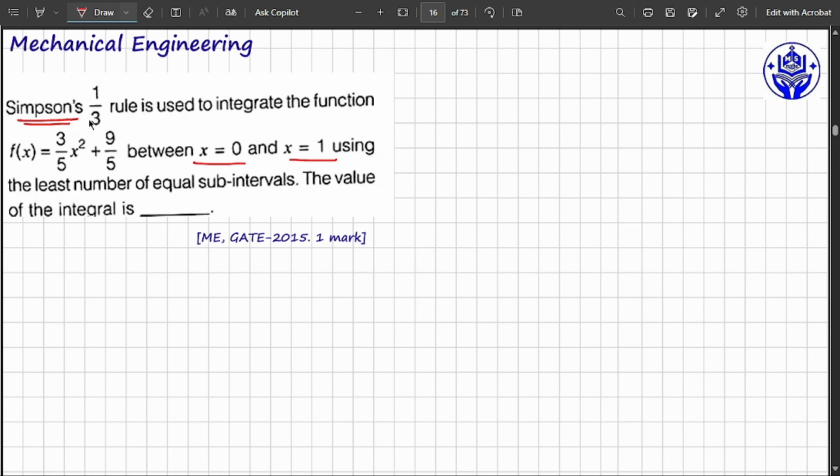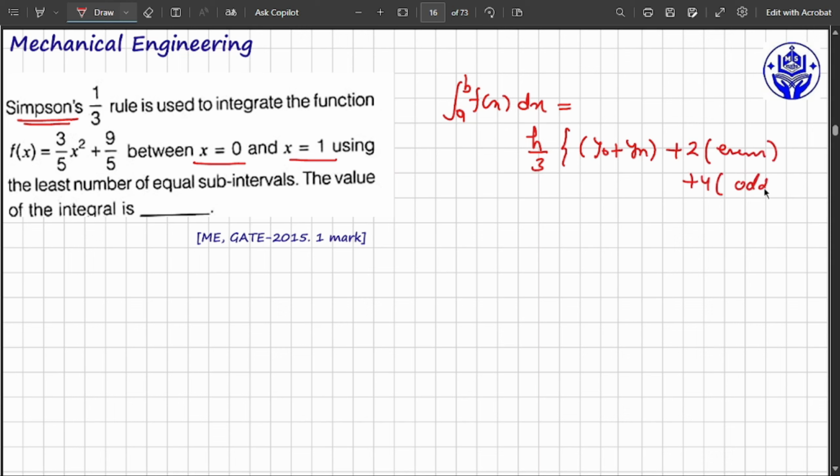That is called quadrature formula. Now, if we take 3 points, that will be the minimum number in the case of Simpson. The formula is the integral from a to b of f of x dx, which is nothing but h by 3 times y0 plus yn plus twice of all even plus 4 times of all odd. So in this case at least 3 we'll have to choose.